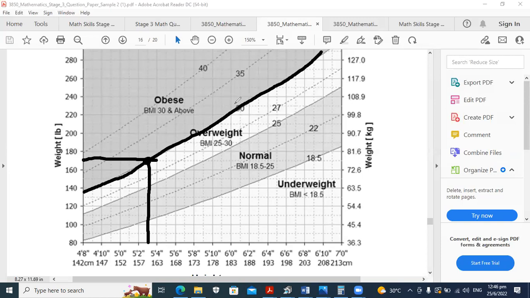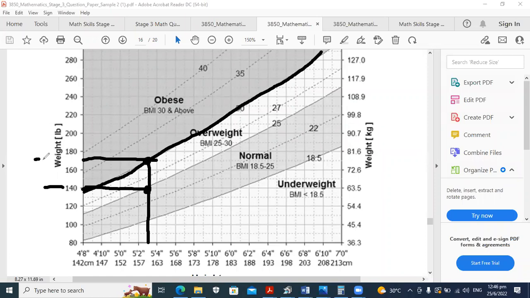All right. So if the person wants to be normal, like above normal, he or she would have to lose about, I think, 140 pounds. 140 pounds would give you a little above normal, not true? Right on the borderline.